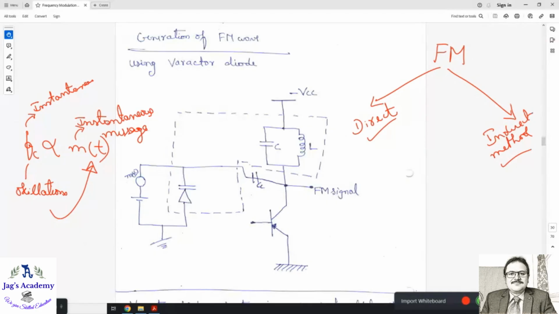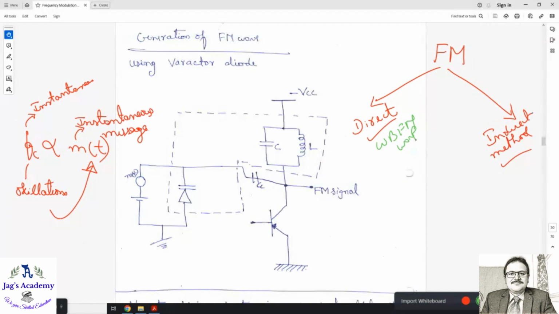In the direct method, first one, we will directly generate a wideband frequency modulated wave.